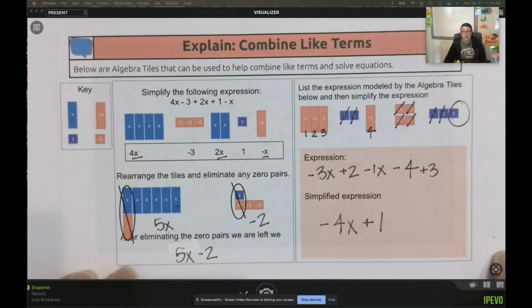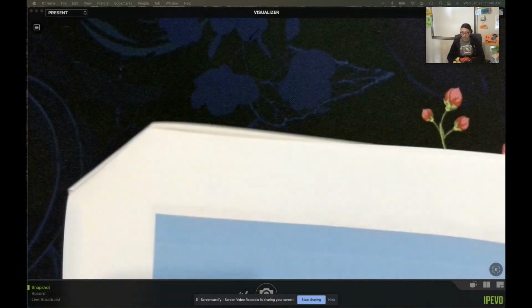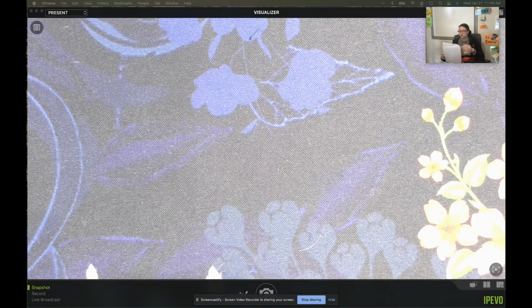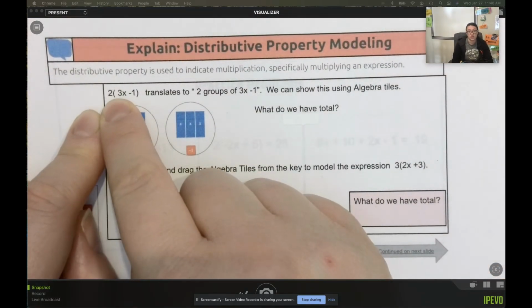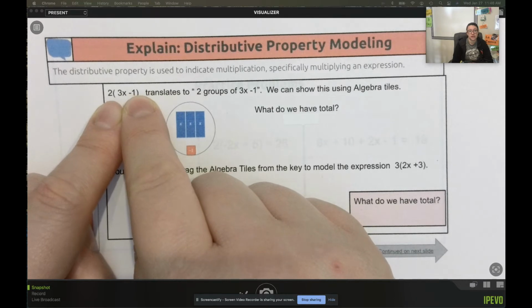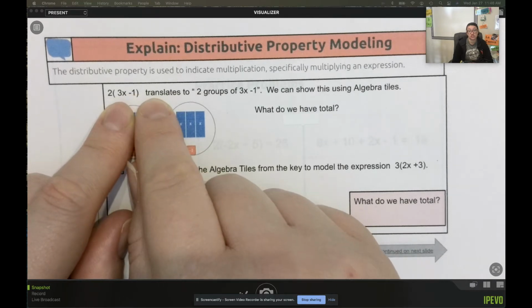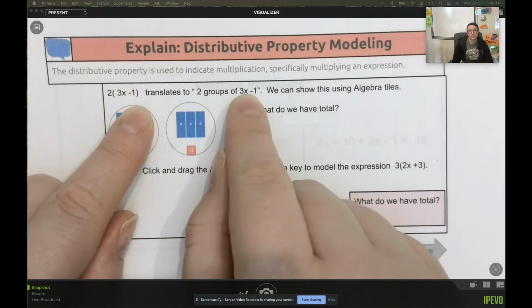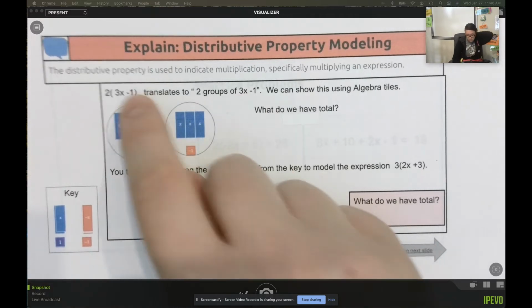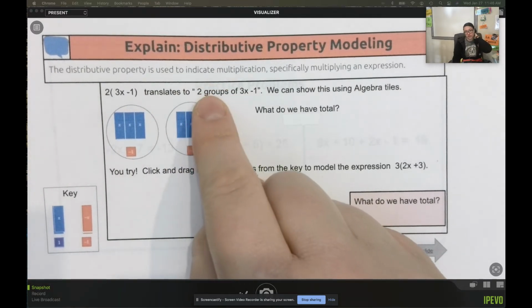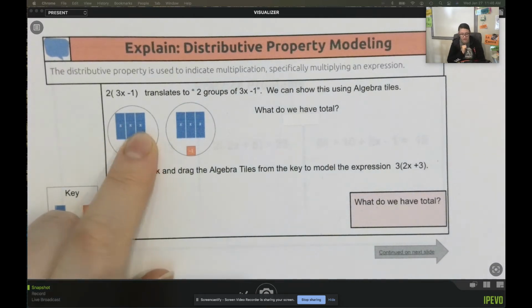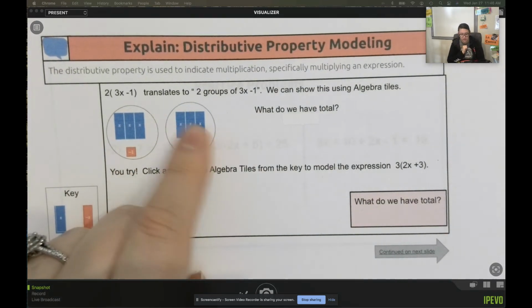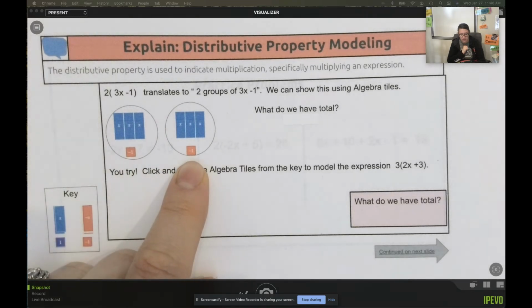I can also do the same thing with the distributive property. If I have, for example, 2 times 3x minus 1, that translates to 2 groups of 3x minus 1. So here's my 2 groups represented by the circles, and each of those groups has 3 x's and 1 negative.